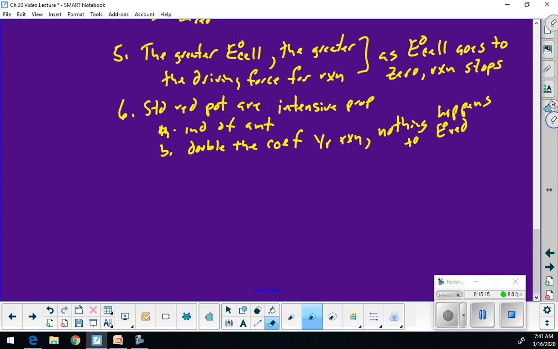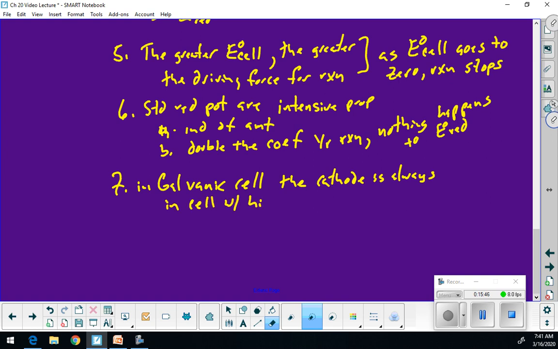In a galvanic cell, I can always figure out which thing is my reduction half cell, because in my galvanic cell, the cathode is always in the cell with the higher standard reduction potential.